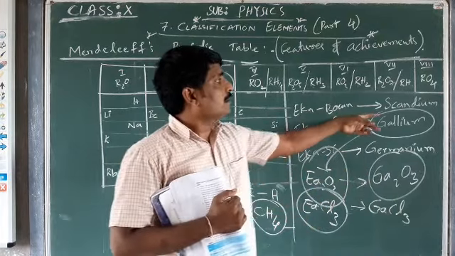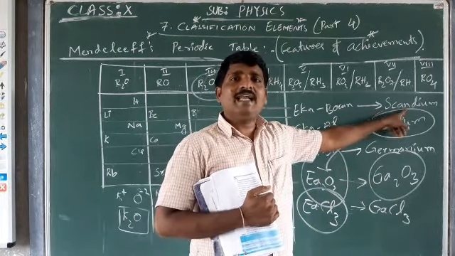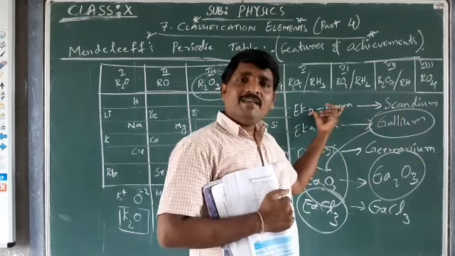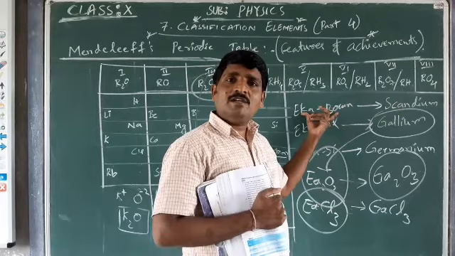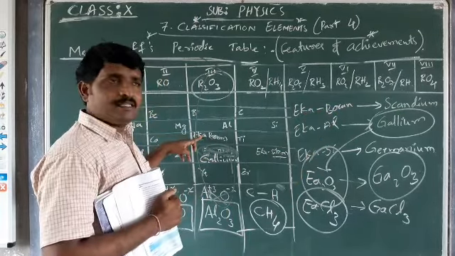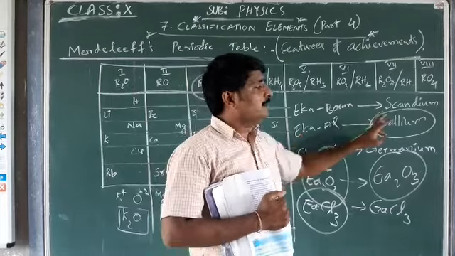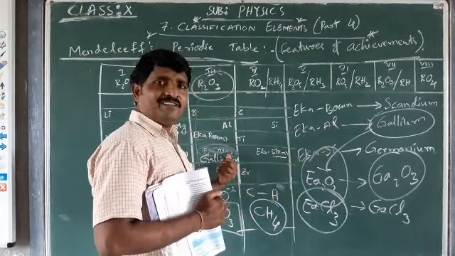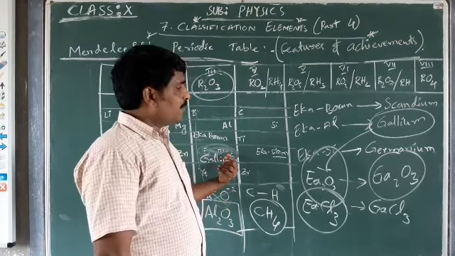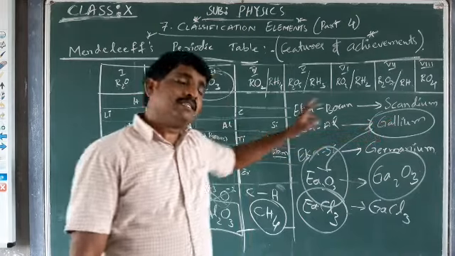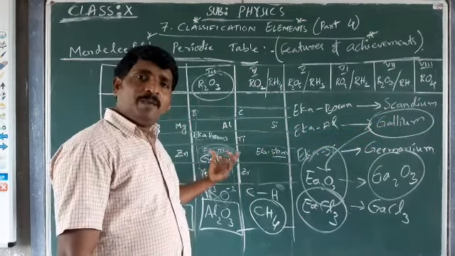Suppose Eka boron refers to scandium. After the discovery of scandium, its properties were similar to Eka boron, and it is placed at this place. Then Eka aluminium was the predicted element to be placed at this point. After the discovery of gallium, it possesses the same properties and is placed at this point.